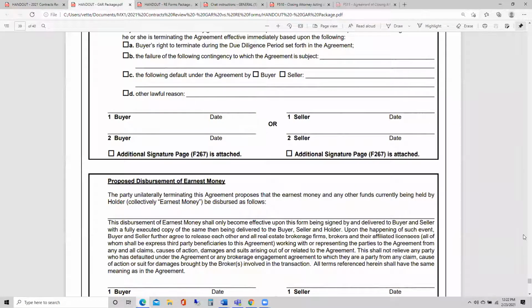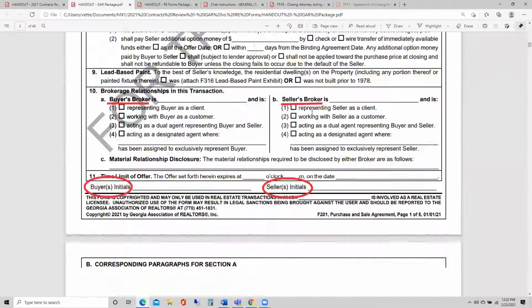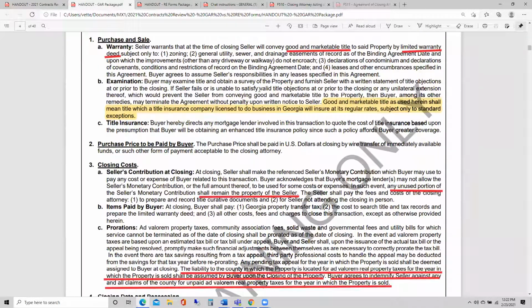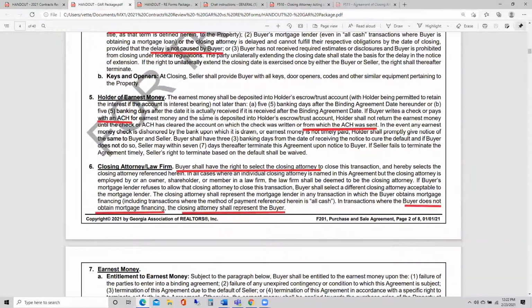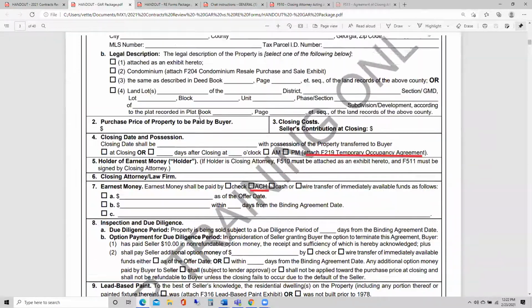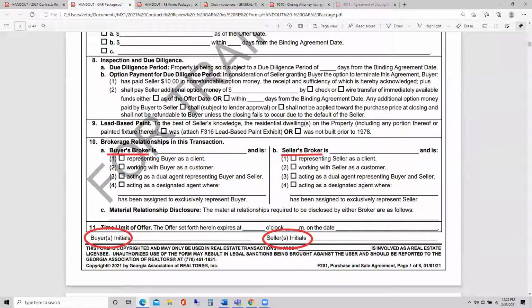All of this legalese that's in here, I'm going to scroll way back up. Let me start here. See here where it says brokerage relationships in this transaction? Buyer's broker is ABC Realty and is representing buyer as client, customer, designated dual.